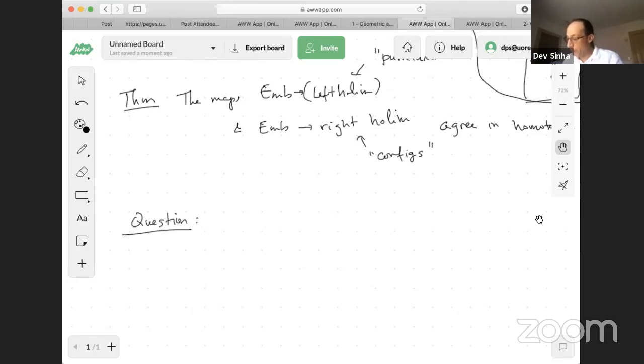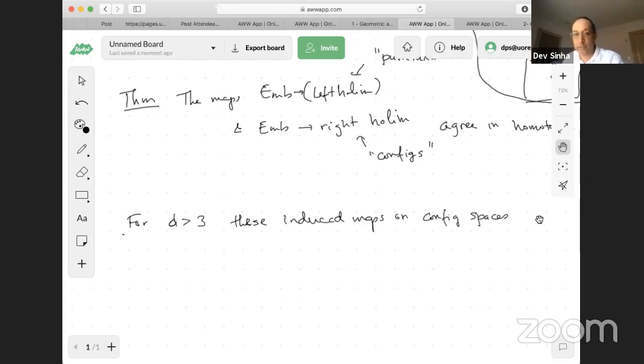So in other words, let me then say, for d bigger than 3, these induced maps on configuration spaces capture the full homotopy types of these embedding spaces.